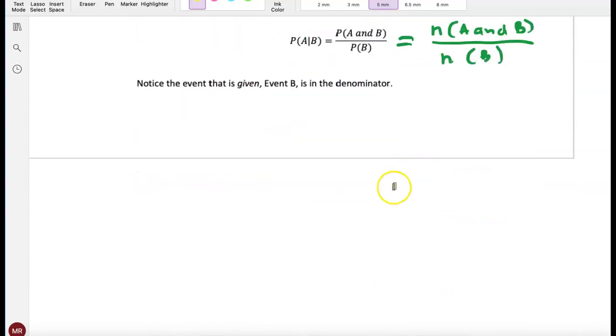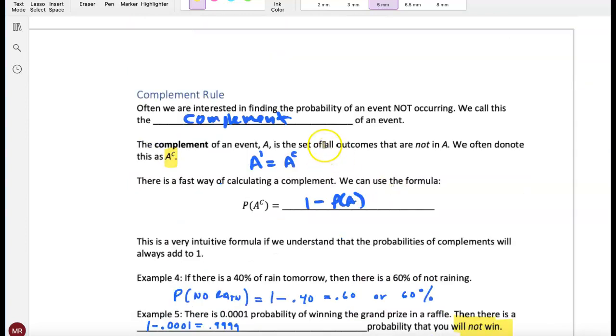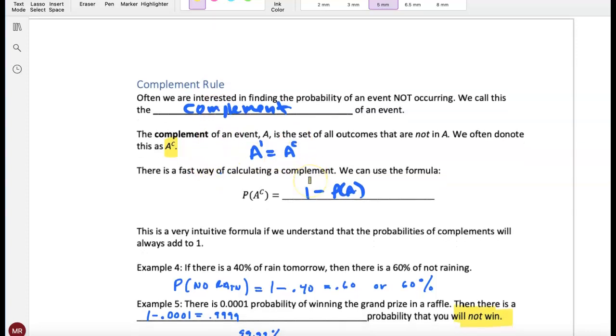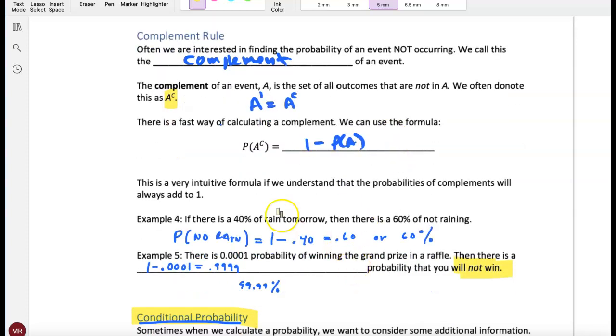And to finish this section, we introduce a couple of ideas in probability, something called the complement. There's a little notation: you'll see a little A with a prime, A prime, or A to the power c. It's the complement. We're interested in the complement sometimes when talking about probability. The complement is the not part. In this example, if there's a 40% chance of rain, then the probability of not raining, or the complement of raining, is 60%.